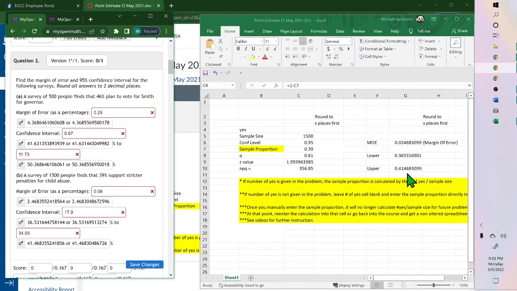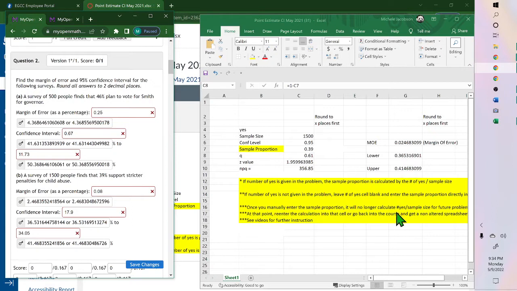Oh, it had worked. I was accidentally looking at the wrong answer. This is the wrong answer. This one's the right one. Multiplying by 100, 2.468. They want 2 decimal places, 2.47. Confidence interval 36.53. Yeah. Because they're writing the percent, you would multiply these by 100.